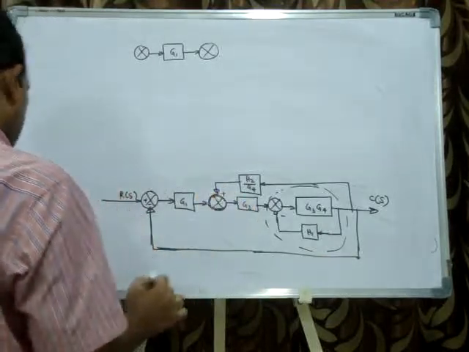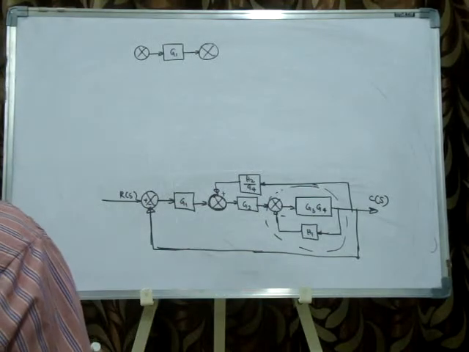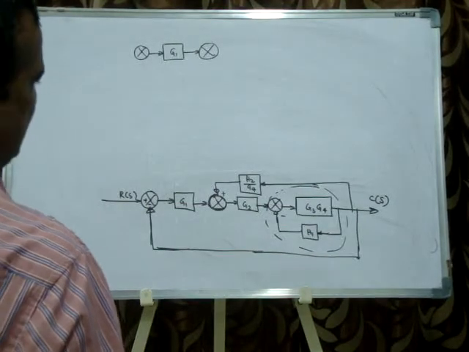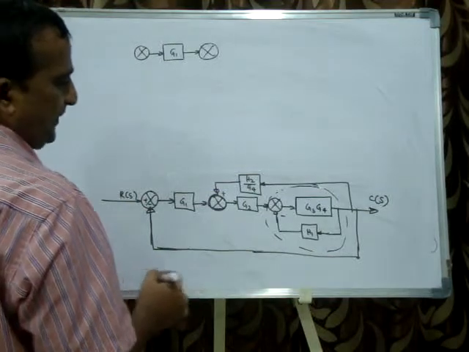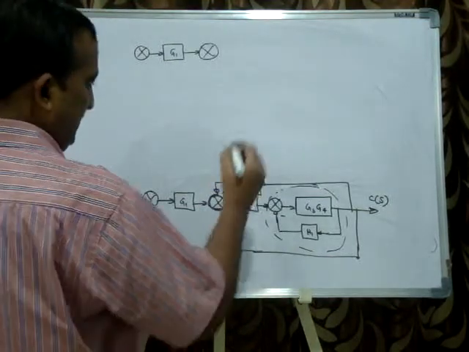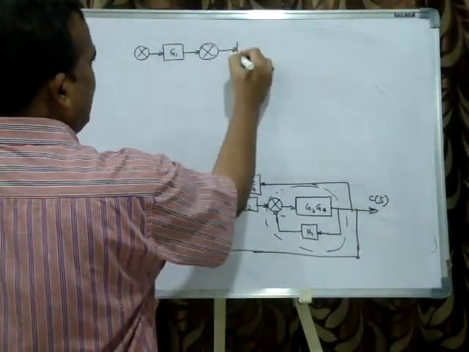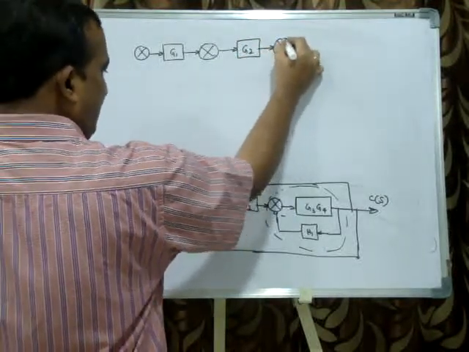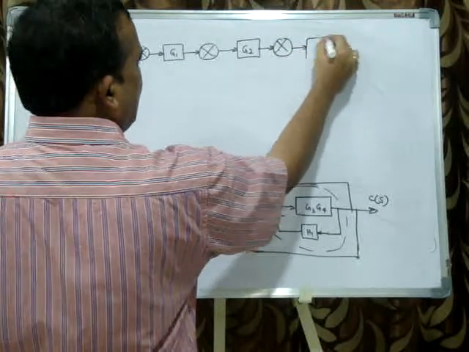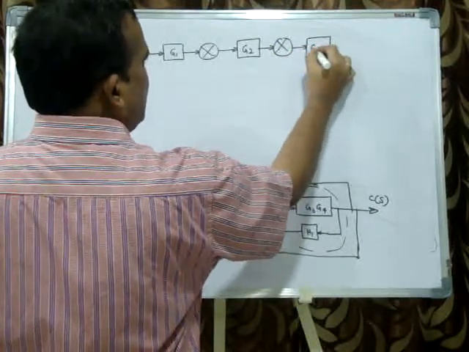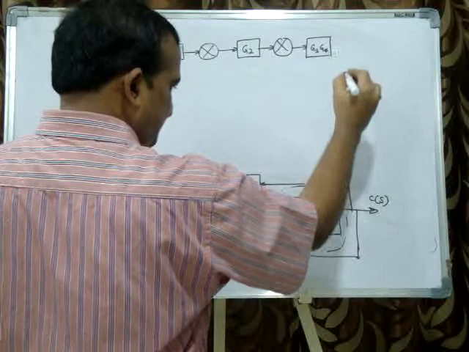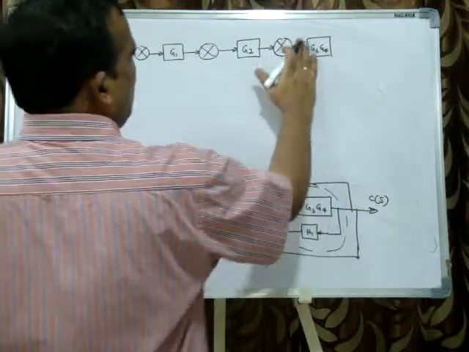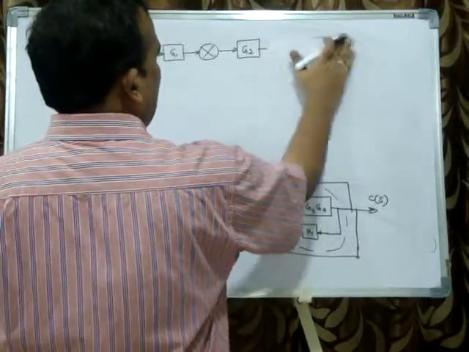So the given sign is plus, or it may be minus, whatever the given sign. H2, G2, and here G3 and G4, minor feedback loop, so this summing point is not required now.